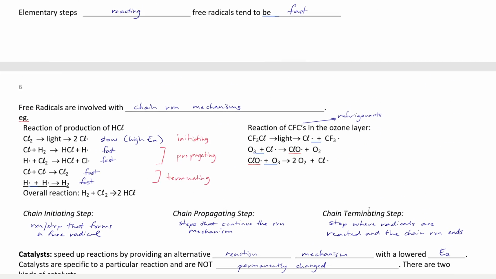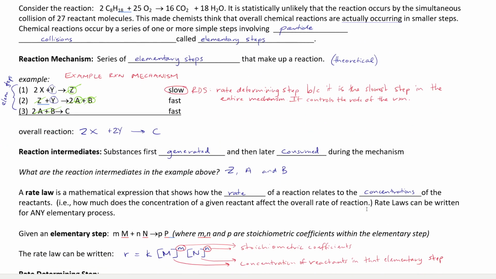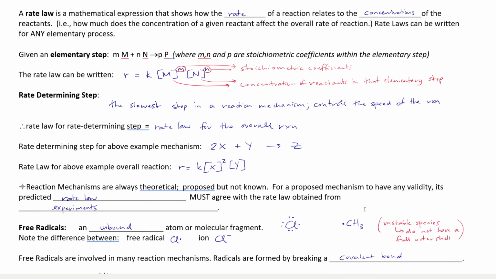Okay, so in this lesson we first started looking at reaction mechanisms, which were theoretical mechanisms that break down an overall reaction into smaller steps. We looked at what a rate determining step was and how it controls the overall speed of the reaction. We looked at writing a rate law, so the rate of the reaction is directly proportional to the concentration of the species in the rate determining step raised to their stoichiometric coefficients.